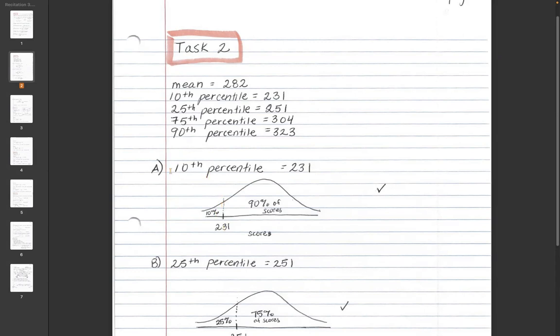If the 10th percentile is 231, I'm first going to draw that, let's say 231 is here and it's the 10th percentile. That would mean that 10% of the scores are to the left of that value, or less than 231, and 90% of the scores are to the right of that value, or greater than 231.